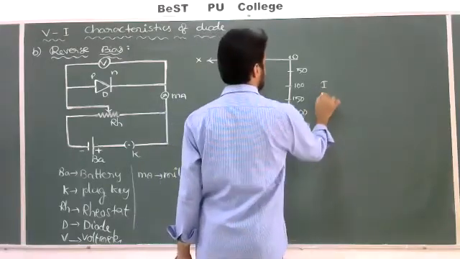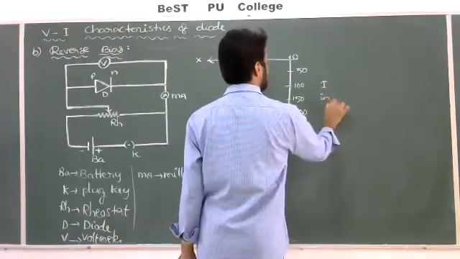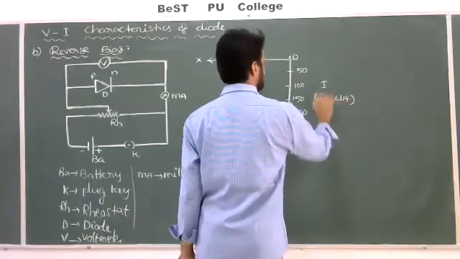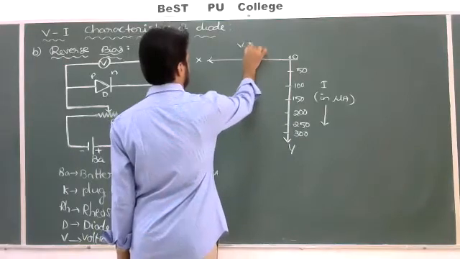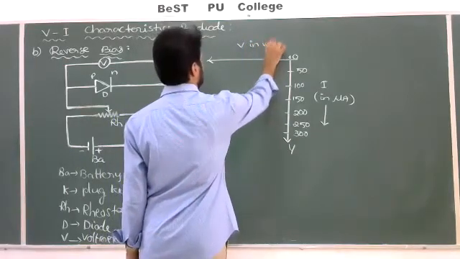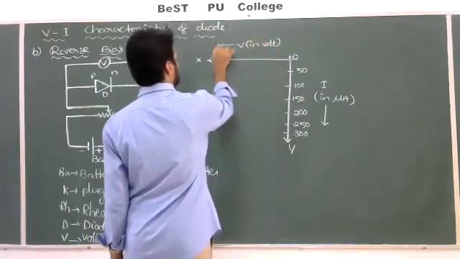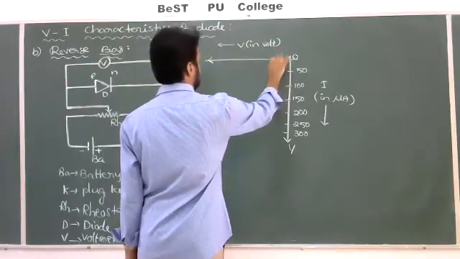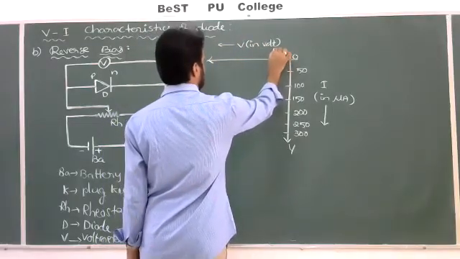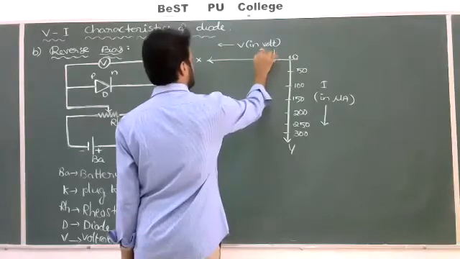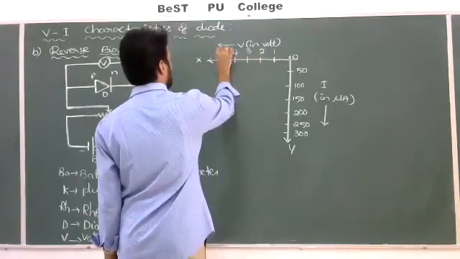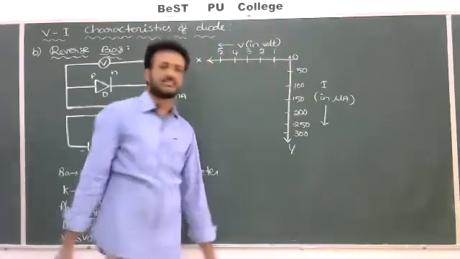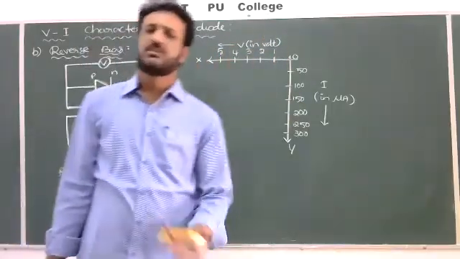So it is I in microampere. But here the applied voltage will be taken, V, same in volt. I'll take like 1 volt, 2 volt, 3 volt, 4 volt, 5 volt and so on. Or your choice, 5, 10, 15, 20 also you may take.